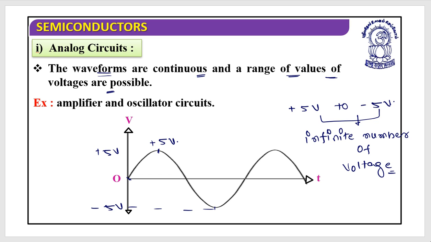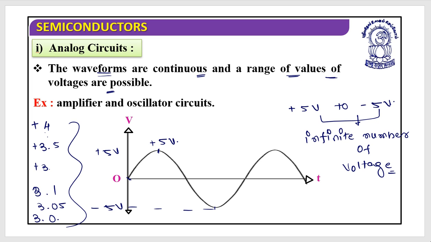Because if I ask what is there between plus 5 and minus 5, you will say, sir, it's plus 5, plus 4, plus 3, plus 2, plus 1, 0, minus 1. I will say no, there is something between plus 4 and plus 3, such as plus 3.5. Then you will say 3.9, 3.8, 3.7, 3.6, and I will say between 3.1 and 3.0 it's 3.05.